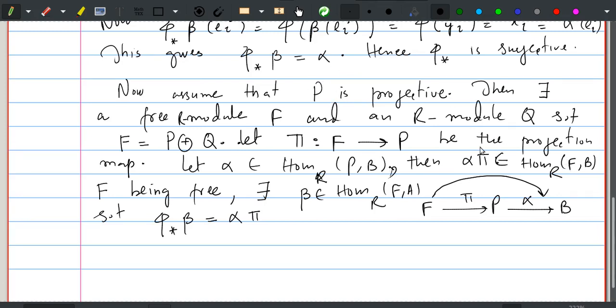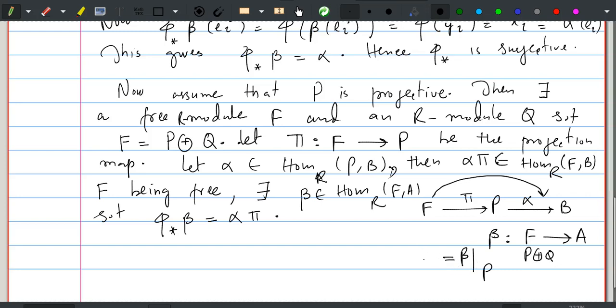So we are applying that result on F. Now this beta is actually a map from F to A. Now this F is actually the direct sum of P and Q. Now if we restrict this beta on P, and call this restriction map beta 1, let beta 1 be the restriction of beta on P.